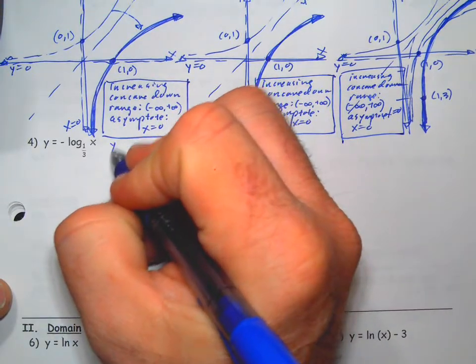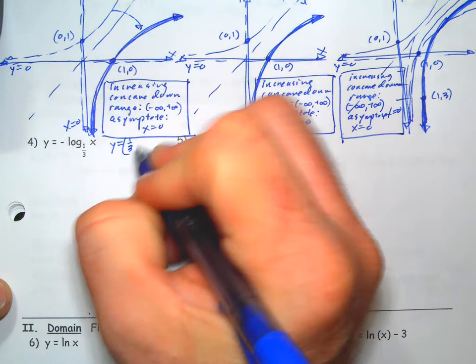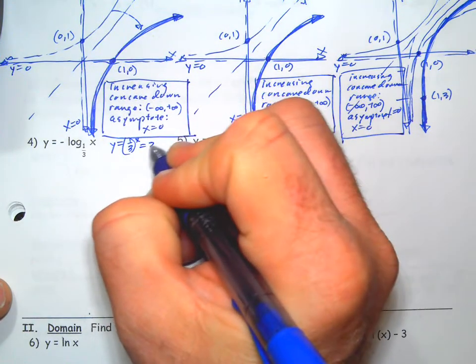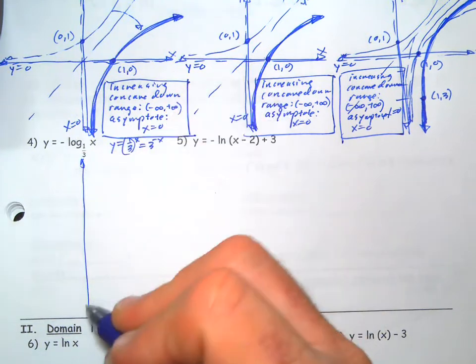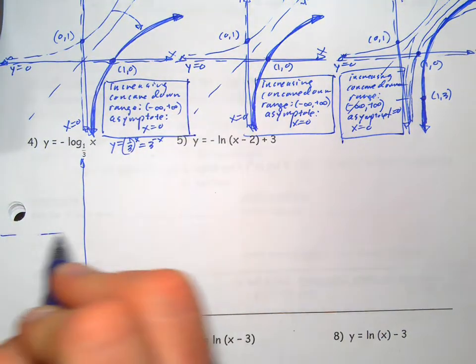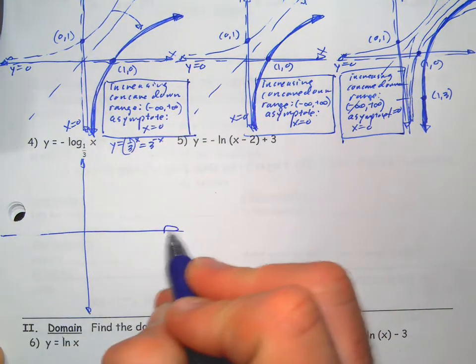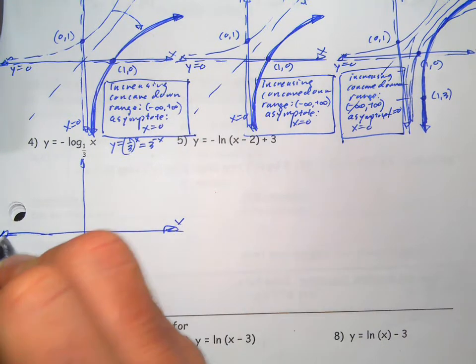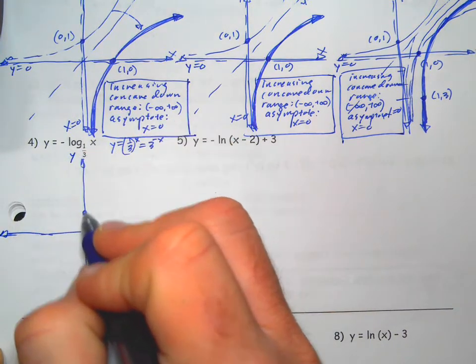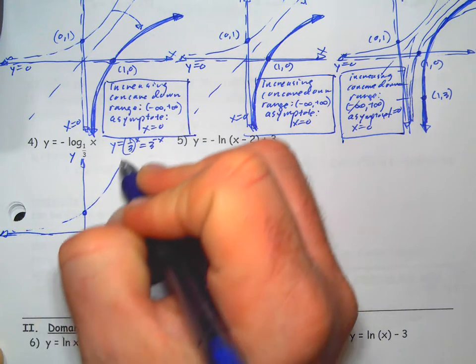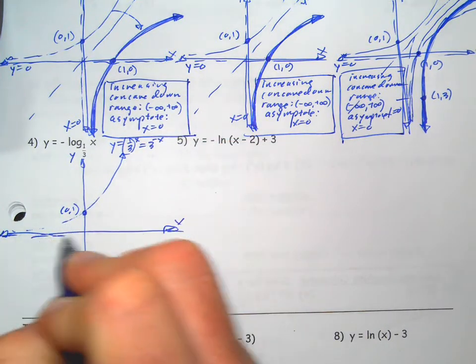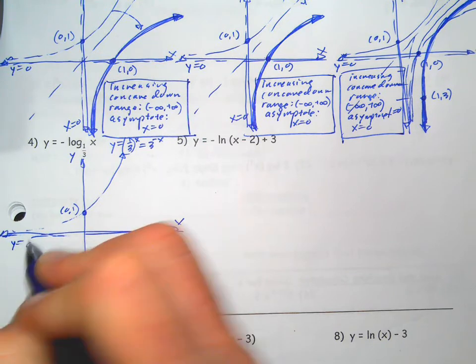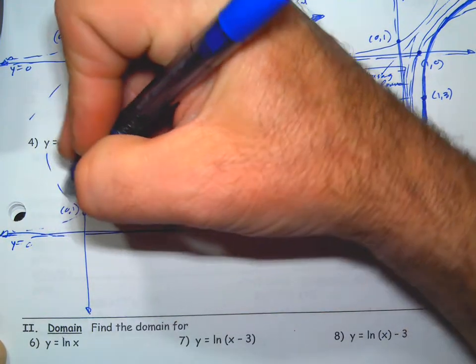Now, the inverse graph would be 1/3 to the x, which is the same as 3 to the negative x. So I'm going to use a bunch of tricks on this one. That's going to be 3 to the x, goes through 0, 1, horizontal asymptote y equals 0, and the negative flips it.